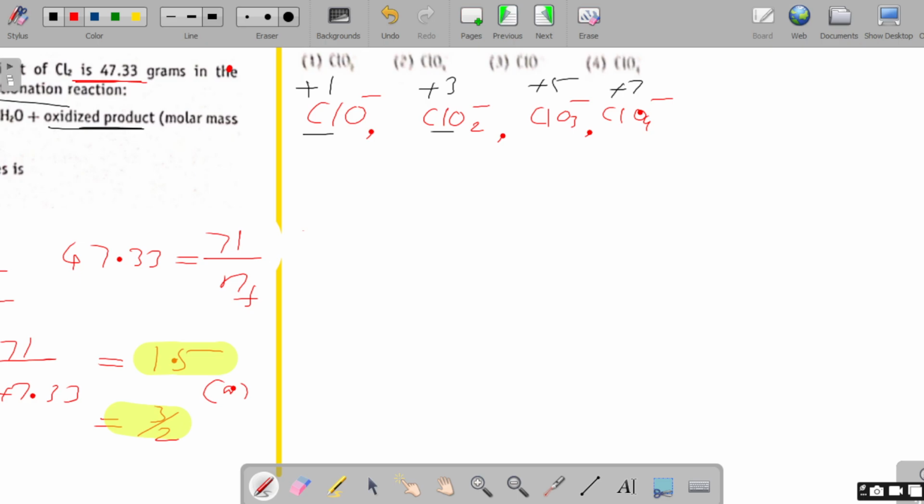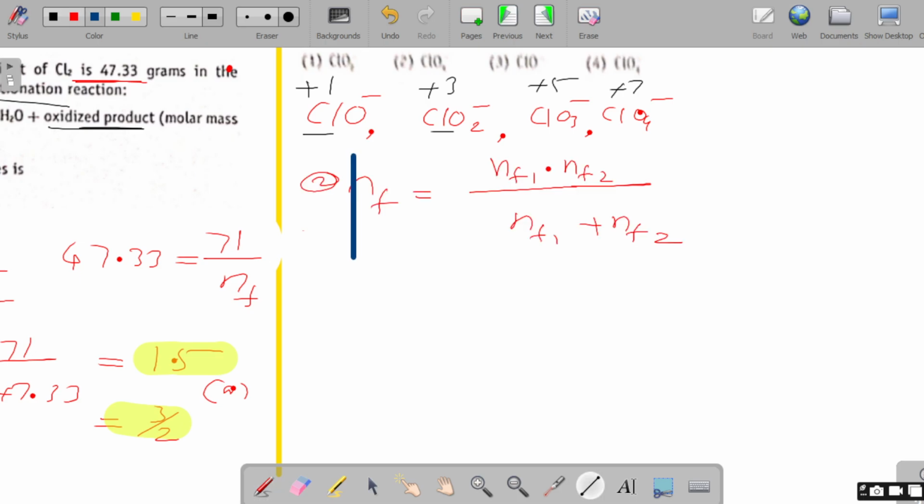So this is the formula. Now how you are getting this formula, we will see. This is the formula for the n factor of the disproportionation reaction.